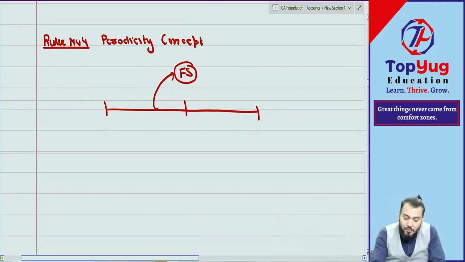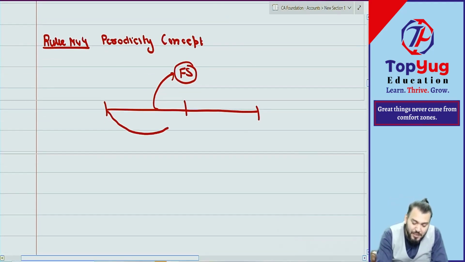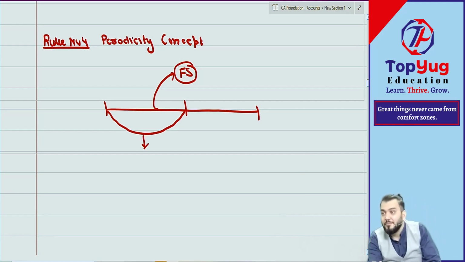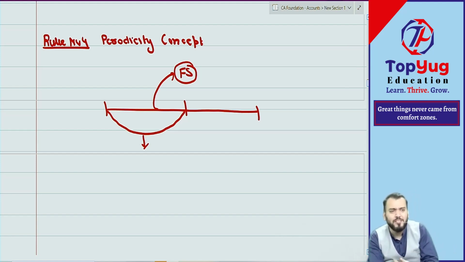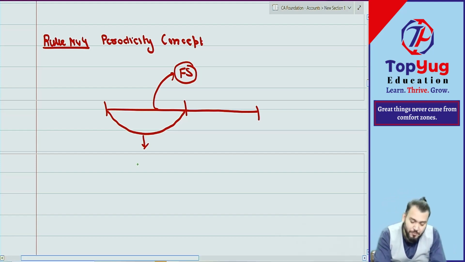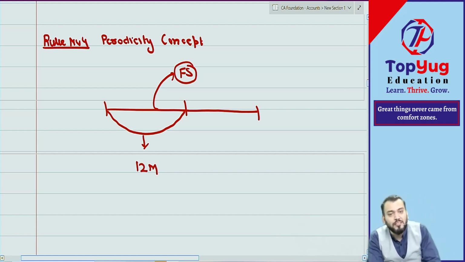Now, what will be this accounting period? Normally, this accounting period has not been defined, meaning what will be the tenure, how many months will fall in one accounting period. That is not defined. But as per accounting practice, it consists of how many months? 12 months.